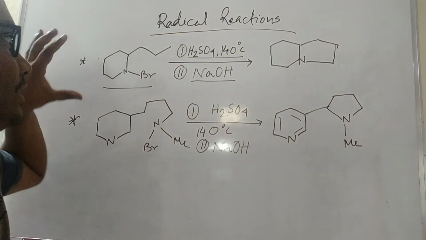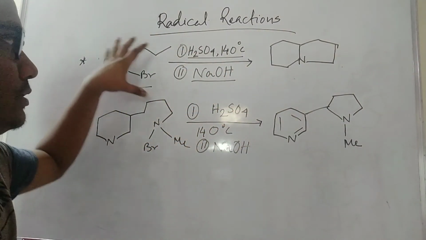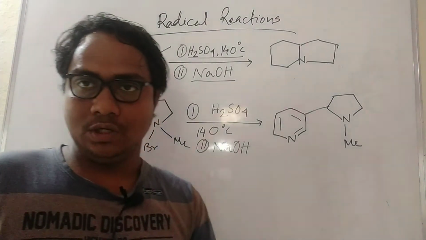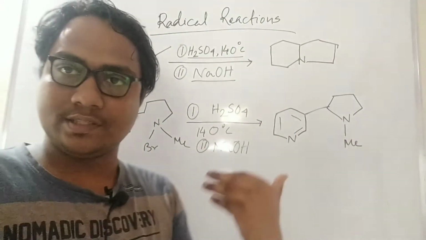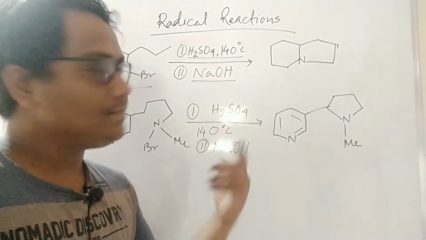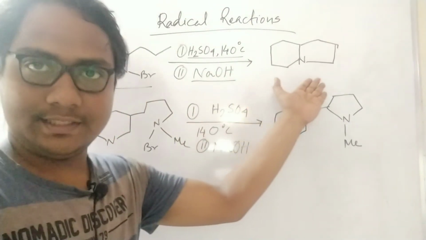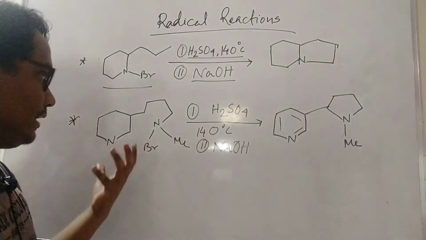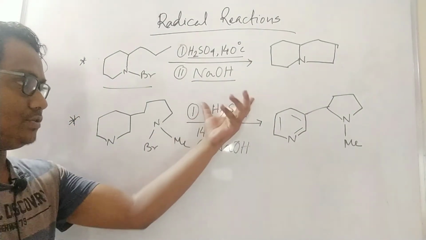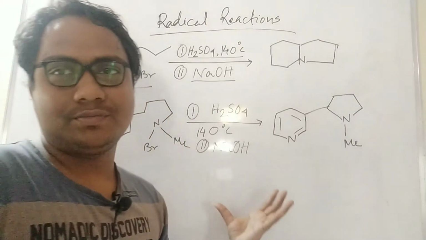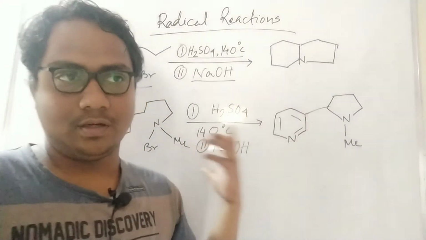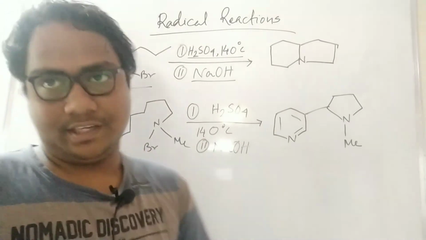I think I have not given a proper example here. Write it down in your notebooks and try the mechanism, because this is the easiest mechanism. Previously I gave two mechanisms, so it is easy like that. This is the product, and here I took another example with H2SO4, the same conditions, and this is the product. So this is a small application of the HLF reaction.